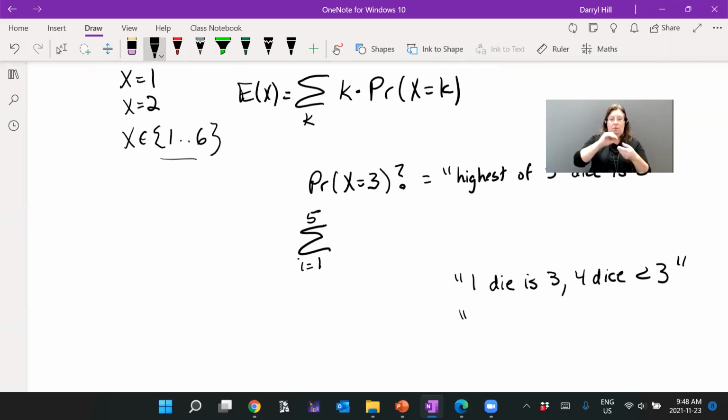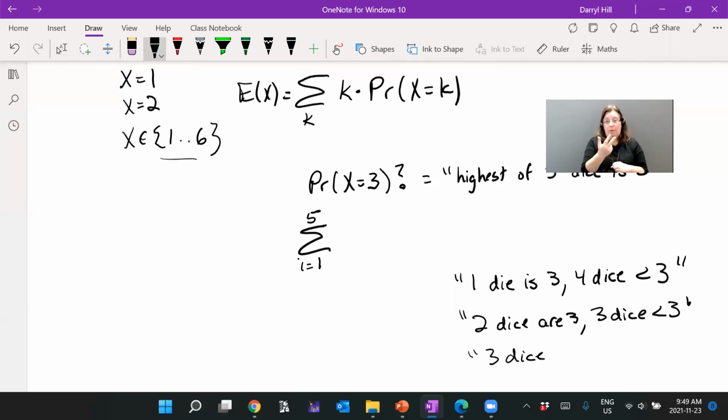We also have the event 2 dice are 3, and 3 dice are less than 3. Then we have 3 dice are 3, and 2 dice are strictly less than 3. Right, so we can break this event down into a bunch of disjoint events, and if I take the union of these disjoint events, it's equal to this event.